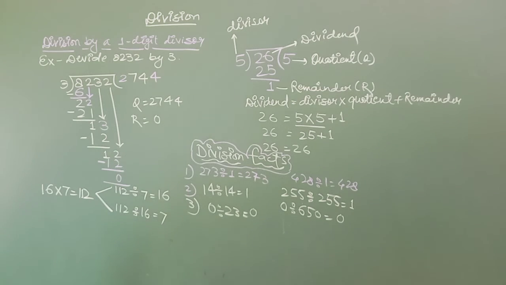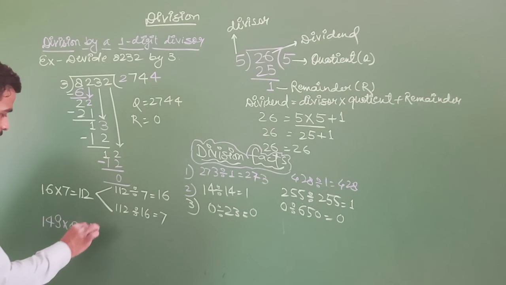So each multiplication fact has two division facts. Division and multiplication are related. The next is 149 multiply 8 is equal to 1192.